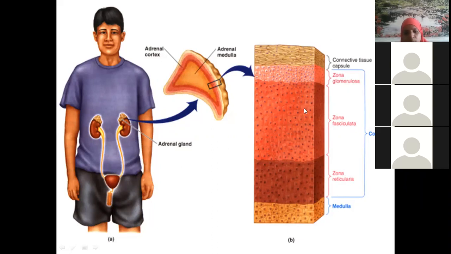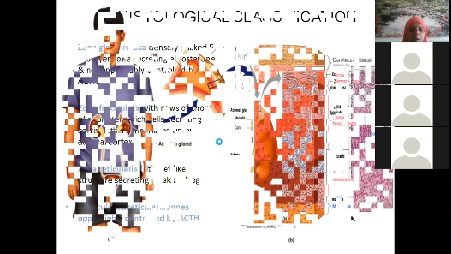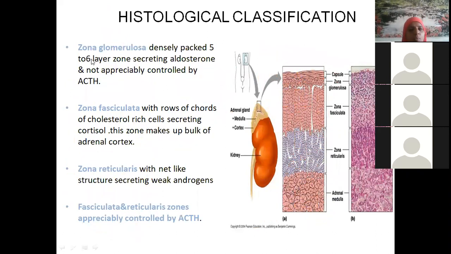After this cortex area, in the central region we have the medulla. From the cortex we have different hormones. From the zona glomerulosa we have aldosterone coming. We use the words mineralocorticoids, glucocorticoids and sex hormones for these three.